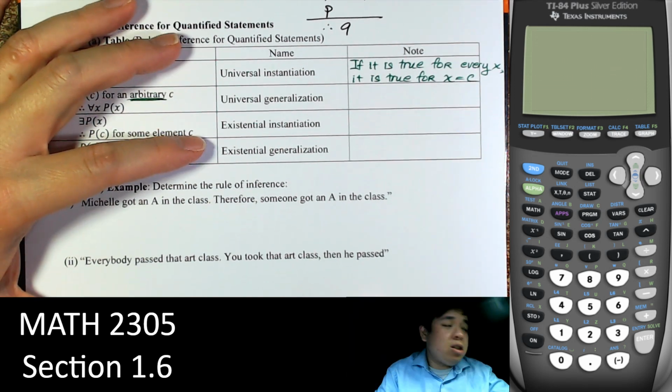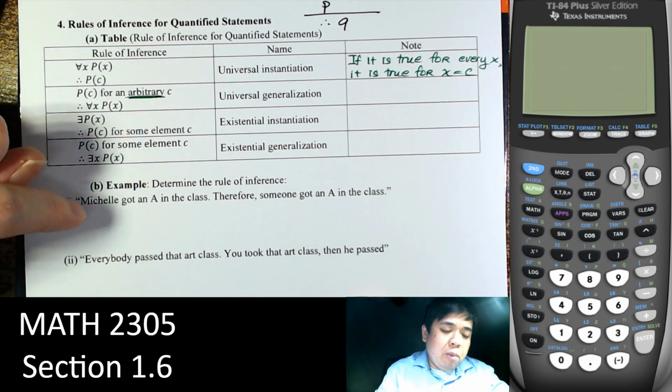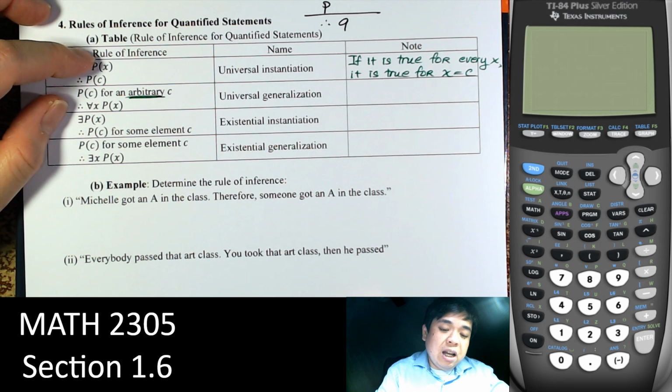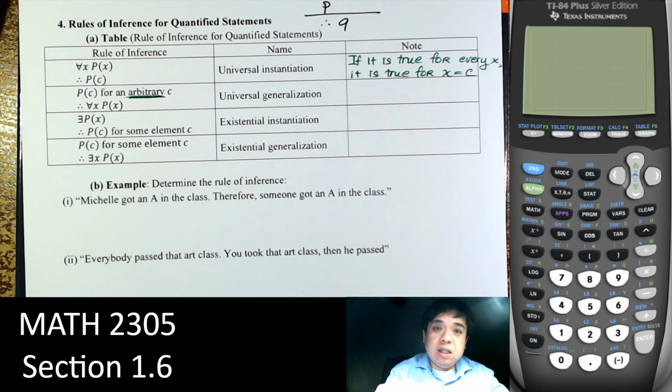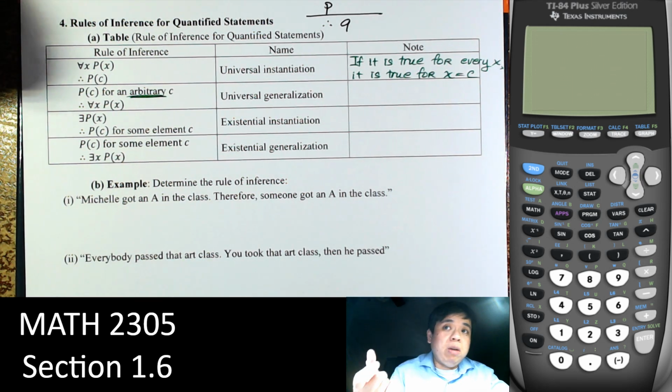Right, and look at this example. Michelle got an A in the class, therefore someone got an A in the class. That makes sense, because Michelle is one of the members of the class.